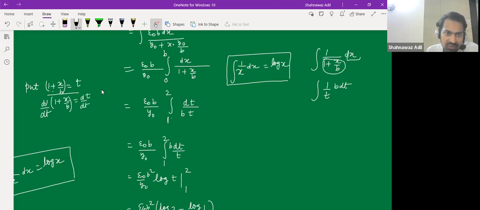So this is one, and this is zero. dx by b is taken outside, dt. So dx is b dt. Understood? Yes, sir. So we can do it this way also.